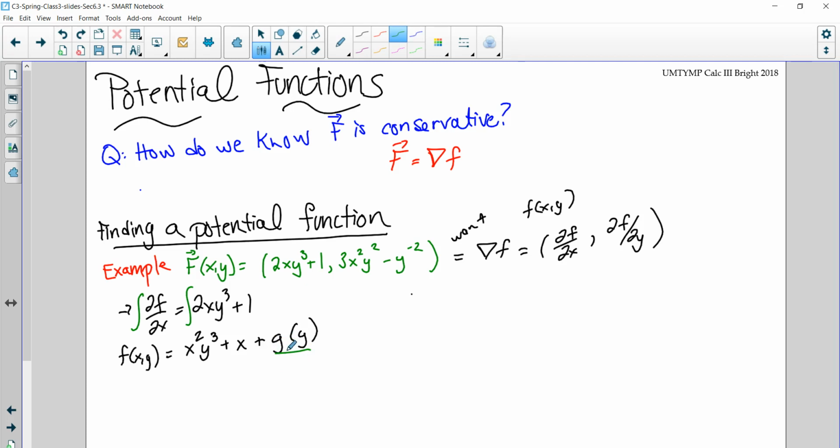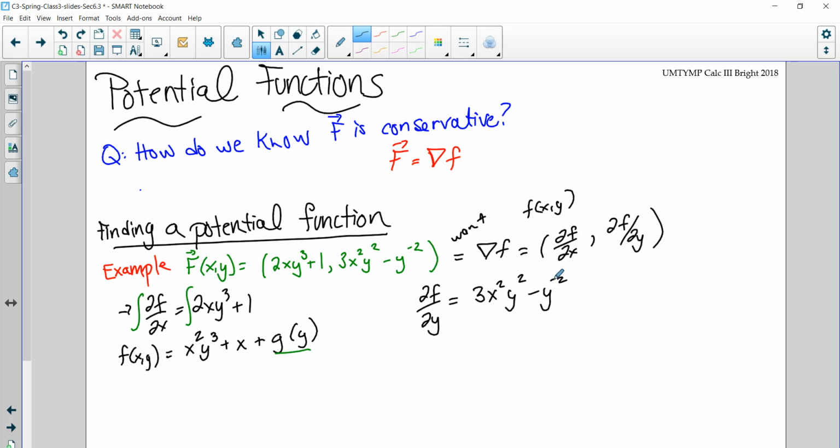To that end, I'm going to switch gears. If I set the first part, maybe I should look at the second part and then compare notes. So I look at del f del y, which equals 3x squared y squared minus y to the minus 2.